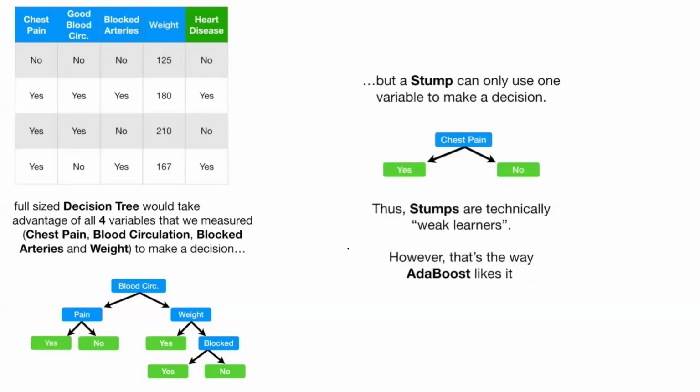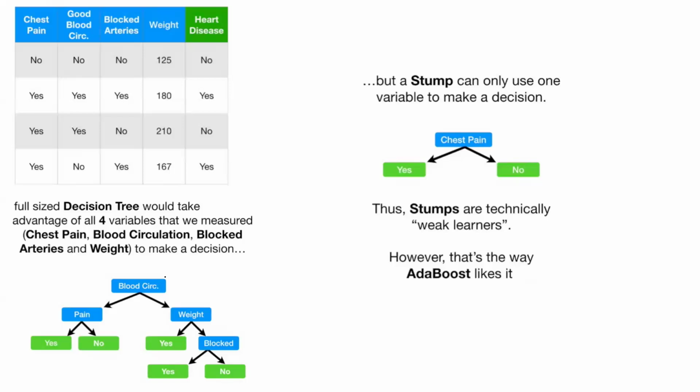But as we are comparing the random forest with the AdaBoost trees, if you look at the tree constructed by the random forest, it constructs full-size decision trees, right? It would take advantage of all the four variables that we measure to make a decision. So that means in random forest, we will use all the dimensions to construct the tree.